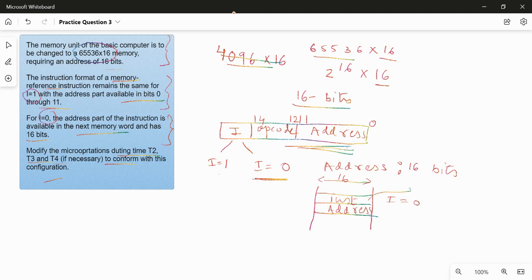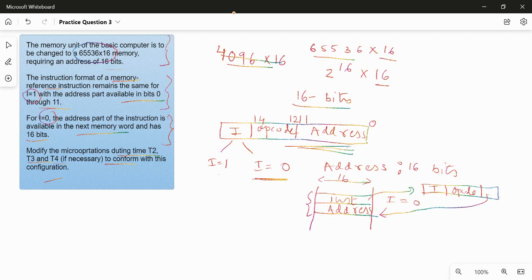So, for such kind of instructions, the conventional format will have only the mode bit and opcode in the first part, and the address part will be empty, because 12-bit addresses are not sufficient if I is equal to 0 as per the given information, and we need to use 16-bit addresses, so you have to store that 16-bit address in the next memory word.